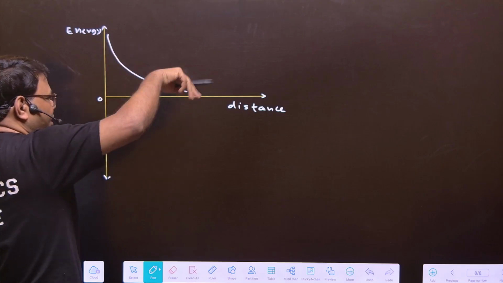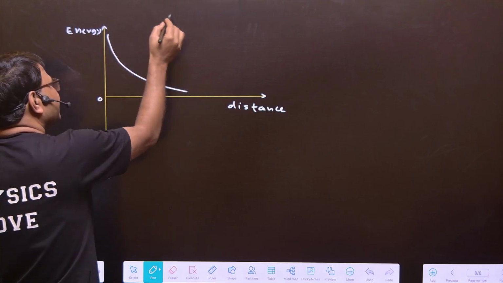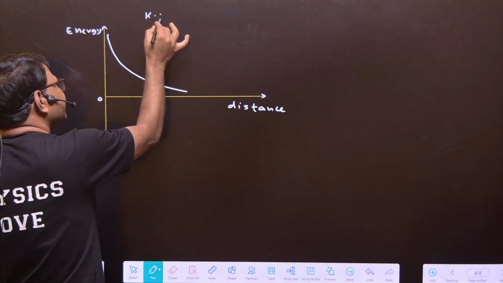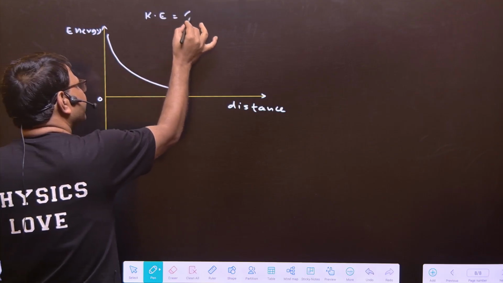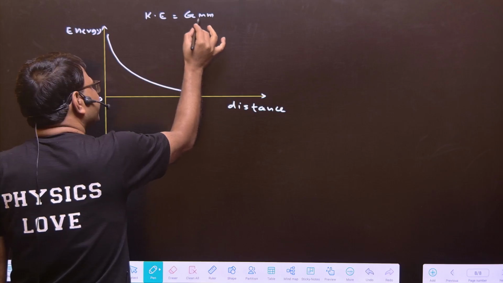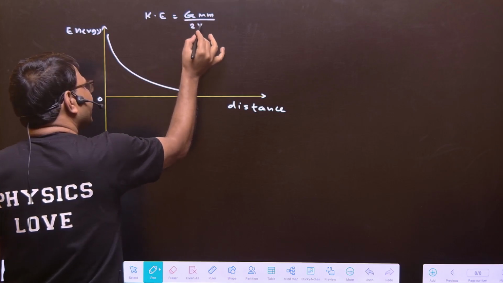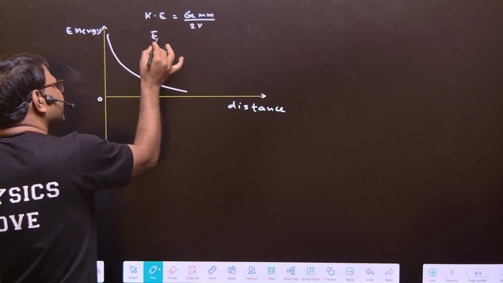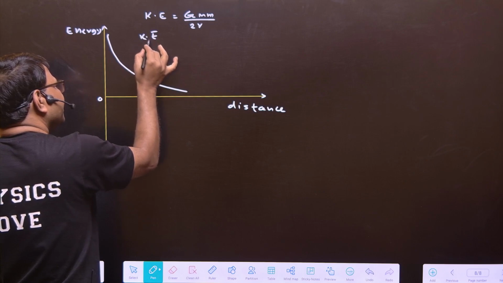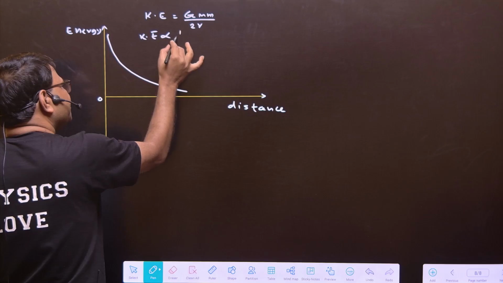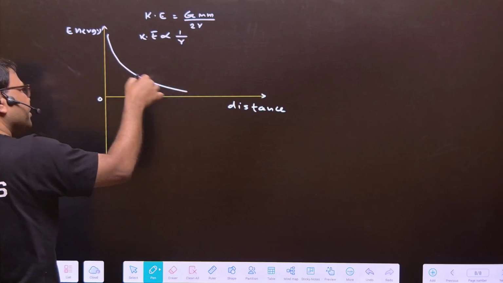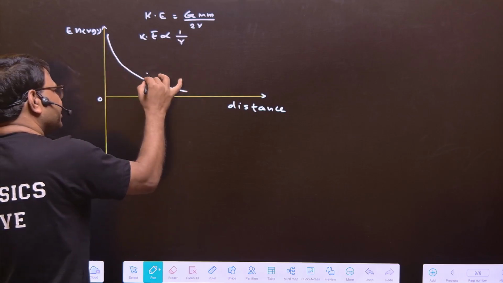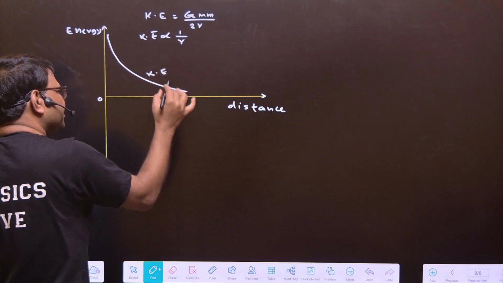Why a rectangular hyperbola? The kinetic energy formula is positive G M m divided by 2R, so kinetic energy is inversely proportional to the distance. That's why it is a rectangular hyperbola. This is the graph of kinetic energy.